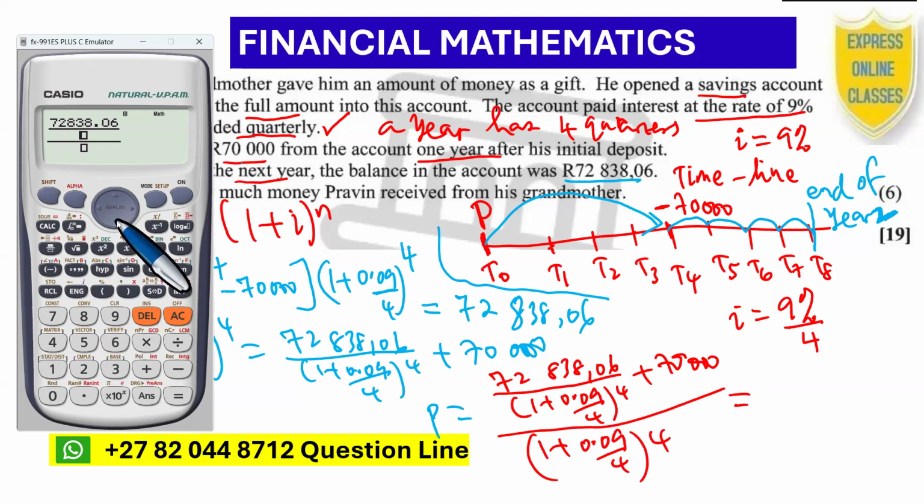You divide by the following: 1 plus 0.09 divided by 4, raised to the 4th power, plus 70,000, and then this is 0.09 divided by 4, close bracket, raised to the 4th power.